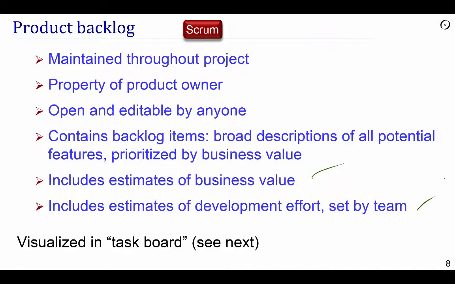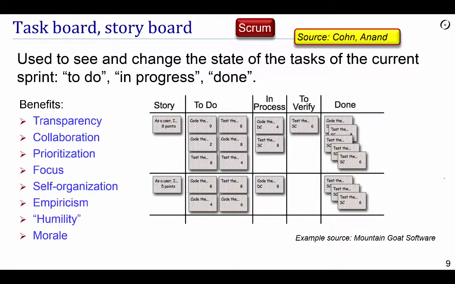Now, this is, as I mentioned, a virtual concept, and we often need a visual representation of it, a material representation of it, and that is the role of the task board. So a task board or a storyboard, there are several variants here, is a way to visualize the progress of a particular iteration of the project or of the project as a whole by showing the various elements visually on a board.